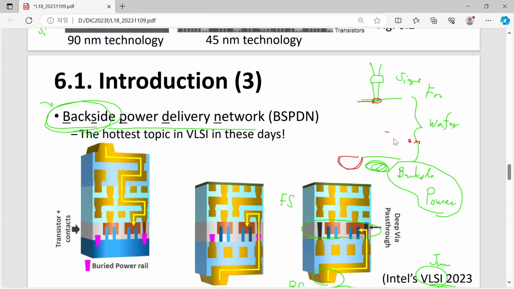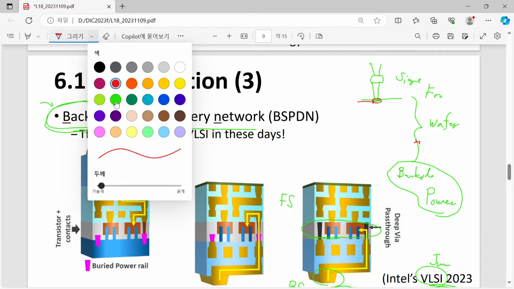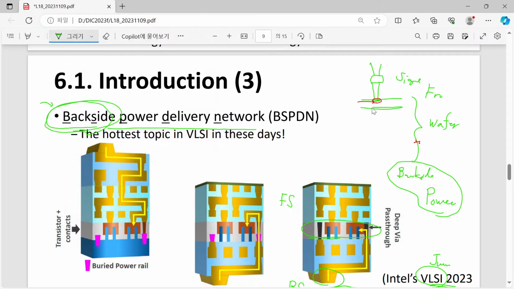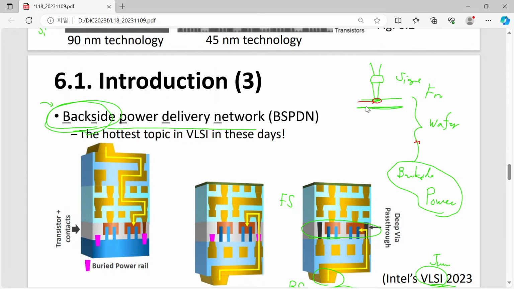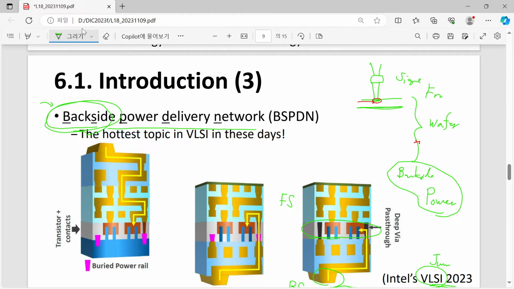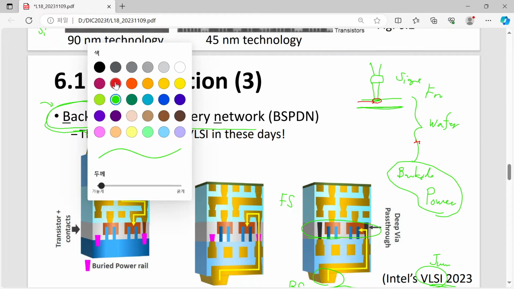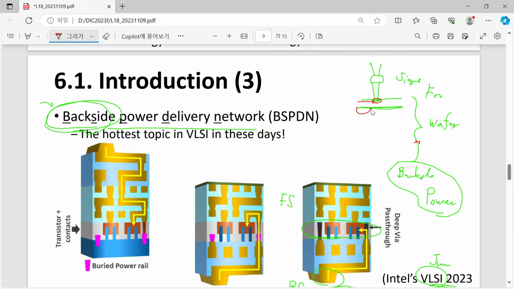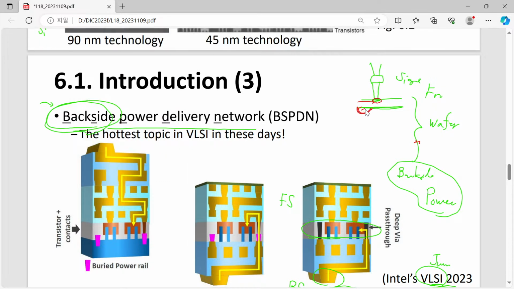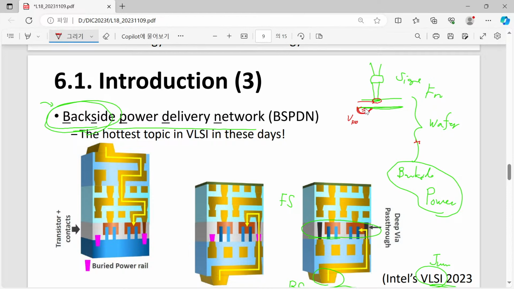So in order to achieve this kind of backside power delivery network, eventually we must thin our substrate so that it becomes quite thin. After that, we can introduce VDD, and it is provided in this way.